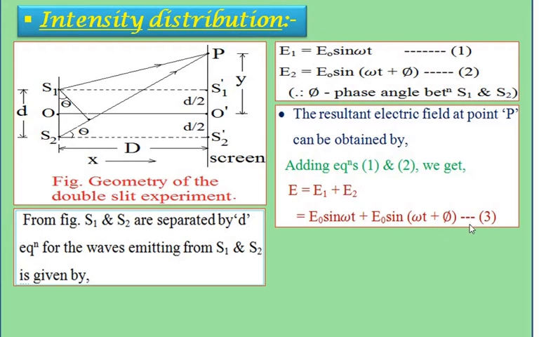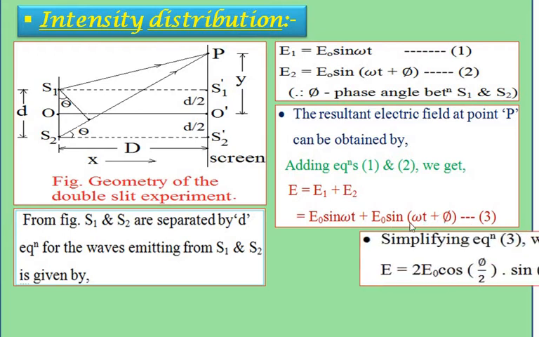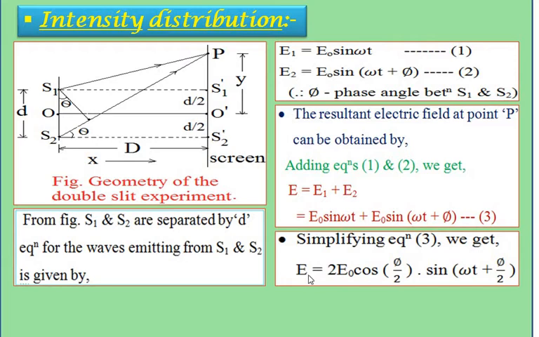Suppose this is equation number 3. Simplifying this equation, we get E is equal to 2 E0 cos (phi by 2) into sin (omega t plus phi by 2). Here 2 E0 cos (phi by 2) is called the resultant amplitude. We know that the nature of light is a wave, and this is the amplitude of the wave, the maximum displacement from the mean position.